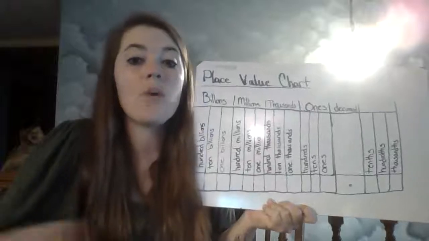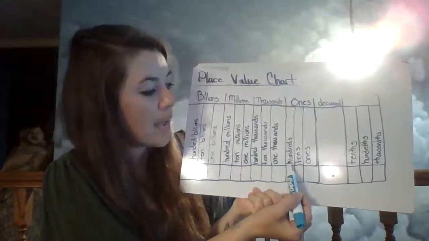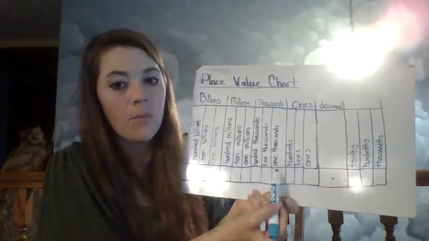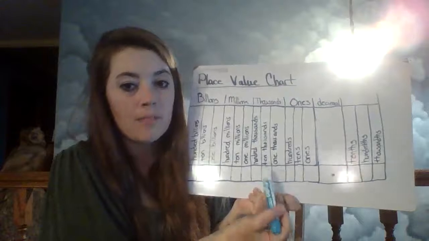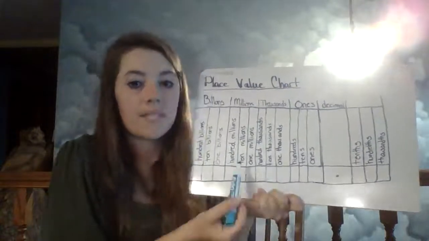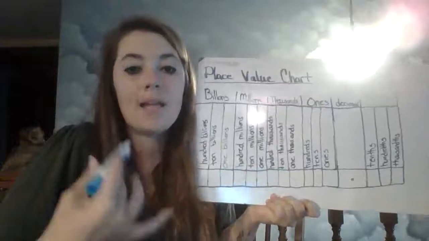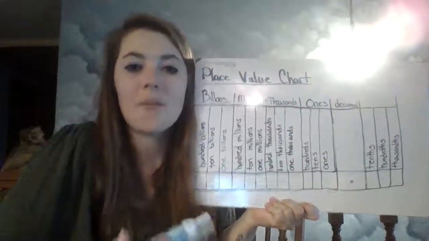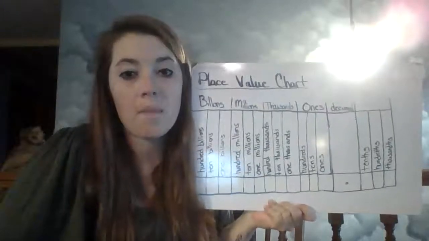What you might notice here is, in this first section, we have the ones, tens, hundreds. What happens when we go up to the thousands? Again, we have 1, tens, hundreds. Same thing with millions. So you're going to keep seeing that 1, 10, 100 repeated with each new level within the place value chart.